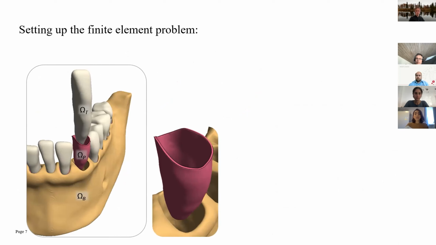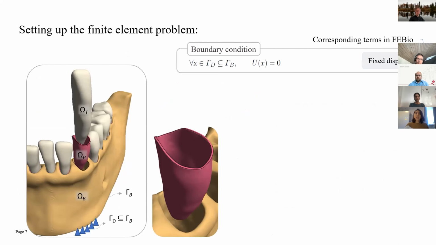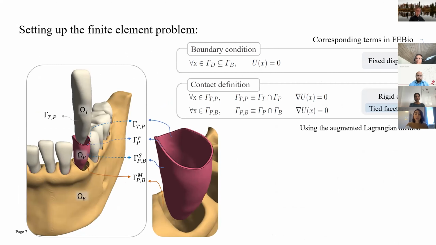After computing the volumetric meshes, we set up the finite element problem. Here, we define the boundary conditions. For example, we fix all nodes at the bottom part of the bone, and we define the tied contact at the PDL-bone and PDL-tooth interfaces.